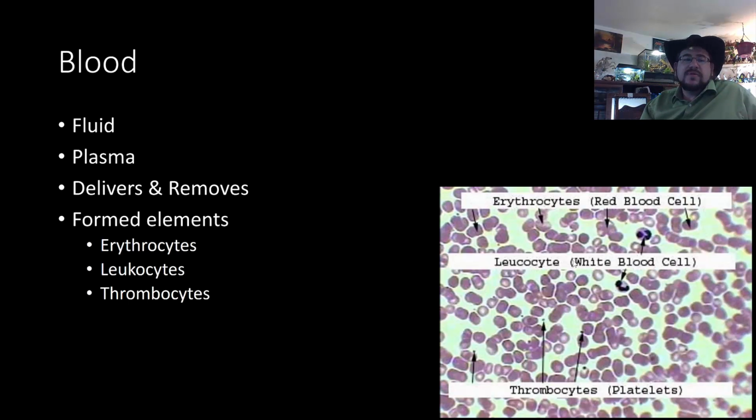We'd call them the different types of cells in the blood if platelets were actually functional cells, but they are cell fragments. And their whole job is to plug up damaged vessels, and that is called clotting. So the function of the thrombocyte is to clot the blood.